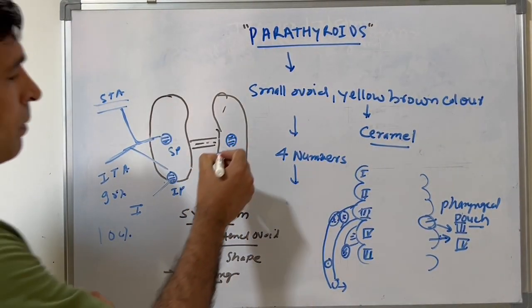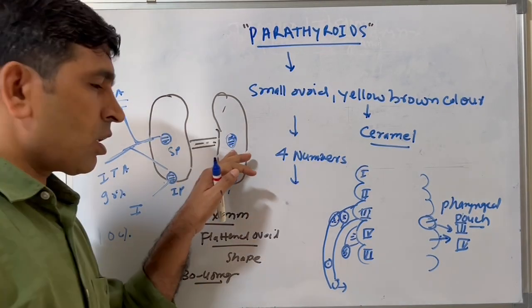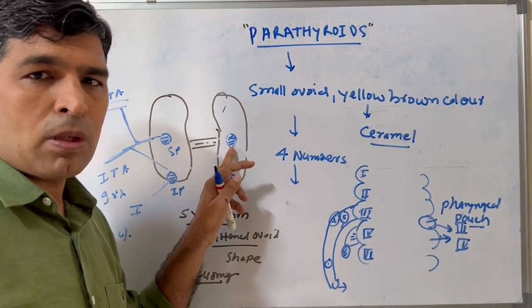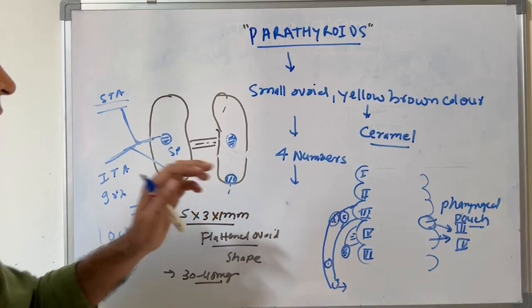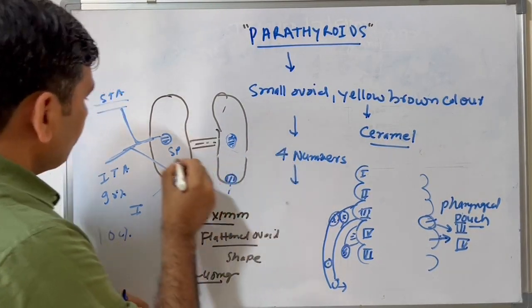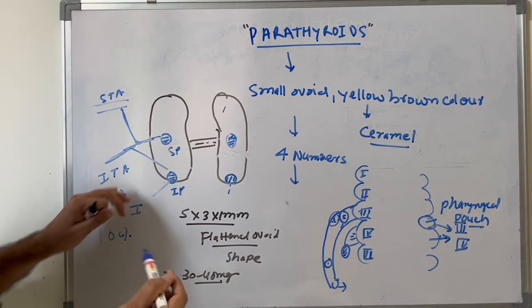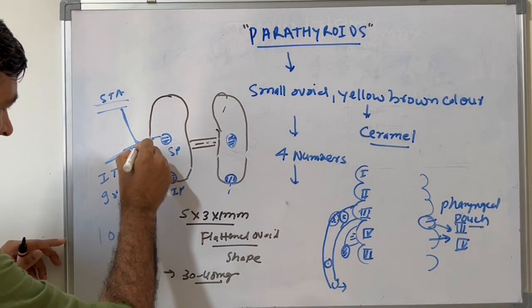The superior parathyroid is always in a constant location. It is always located in the middle of the thyroid lobe, behind it. If you see, this is the inferior thyroid artery and the recurrent laryngeal nerve is coming here.